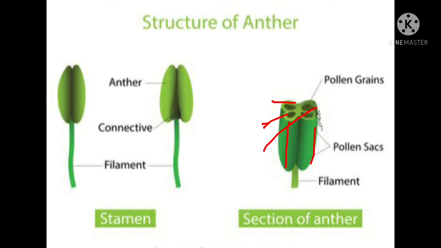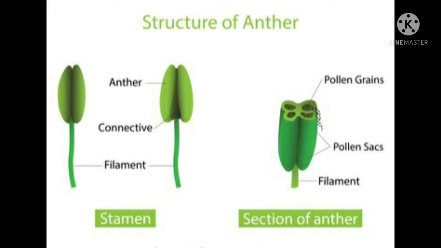As in the picture we can understand here, this is the stamen. The stamen is divided into two parts. The lower one is the filament and the upper part is the anther. This anther has chambers called pollen sacs, and in these pollen sacs pollen grains are present.